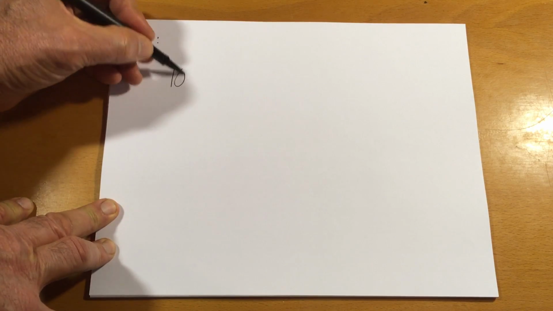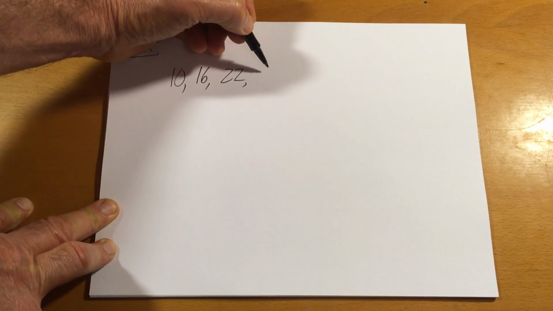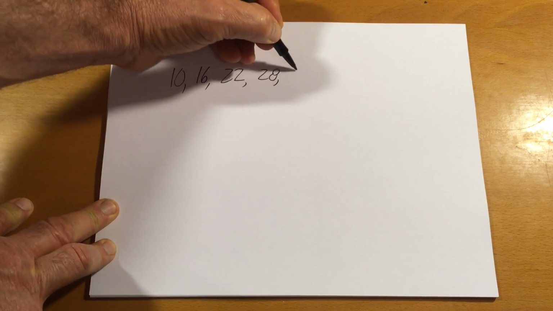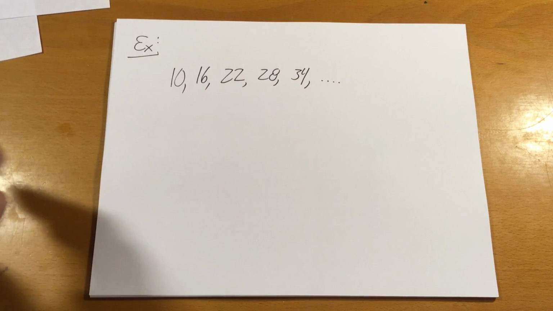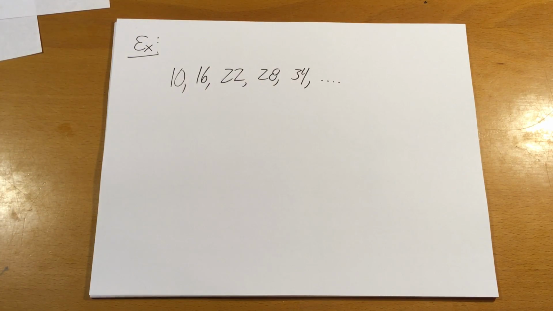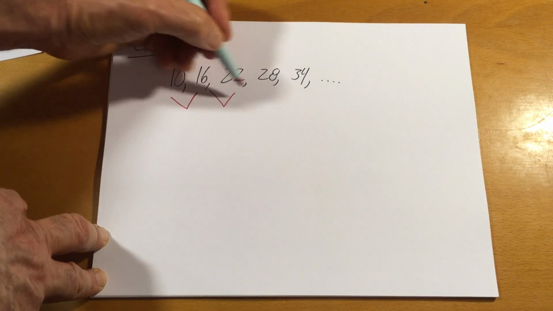So let's do an example. As a first example, let's say we have 10, 16, 22, 28, 34, etc. Well, you might see it automatically, or you might plug in some numbers here.